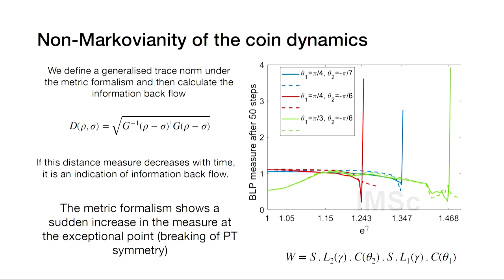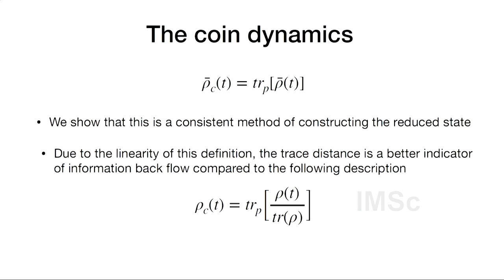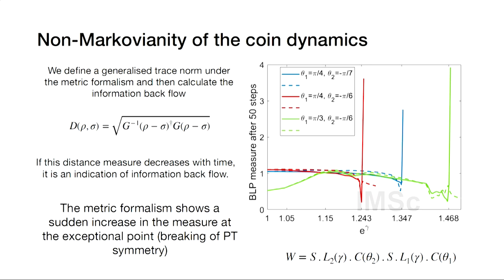And this difference is important because, in the last two slides of my talk, I'll just show you two graphs. The first one shows the non-Markovianity of the reduced dynamics. As I said, the reduced coin dynamics will be non-Markovian because the interaction is strong. But how is that non-Markovianity changing when you introduce non-hermiticity in the walk as a whole?